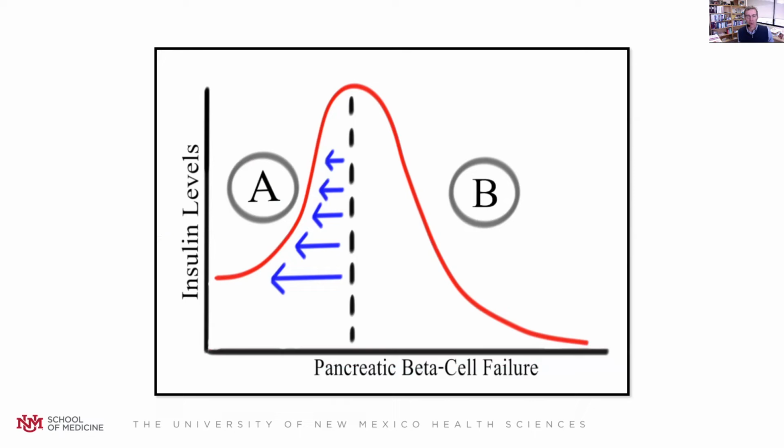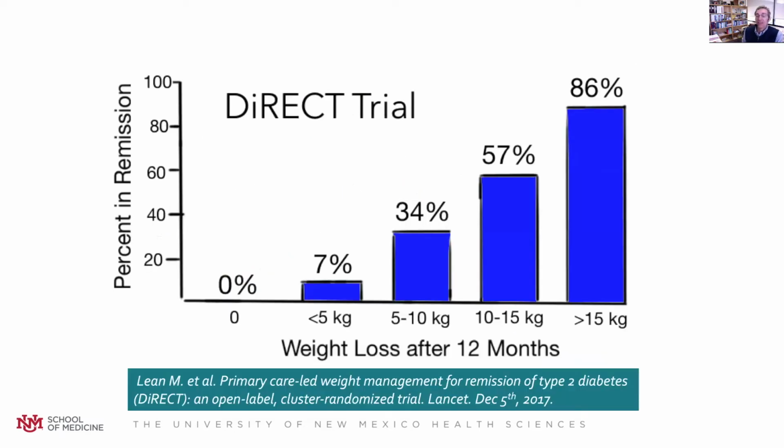Health is much more about what we do than what we take. So let's go to this trial, which was quite impressive. Actually, this one was published in 2017, but they looked at people with type 2 diabetes, I think within 6 years of the diagnosis. And they put people through a liquid diet to really have a controlled weight loss regimen.